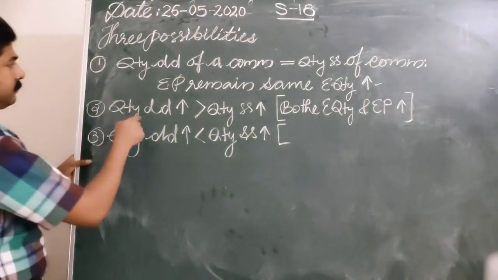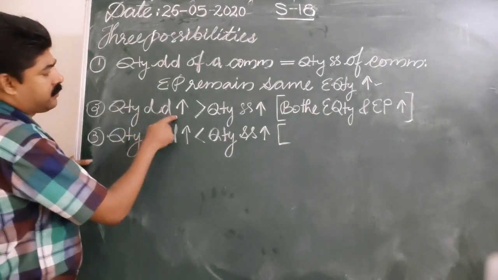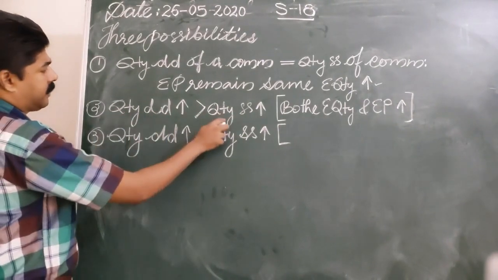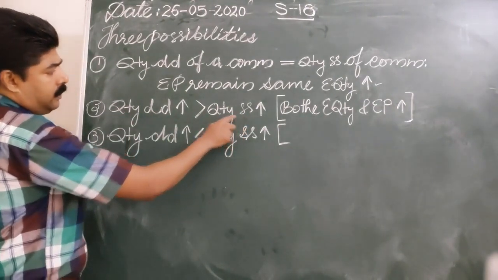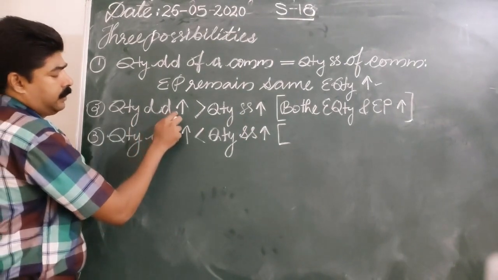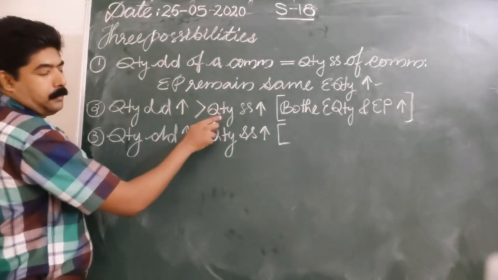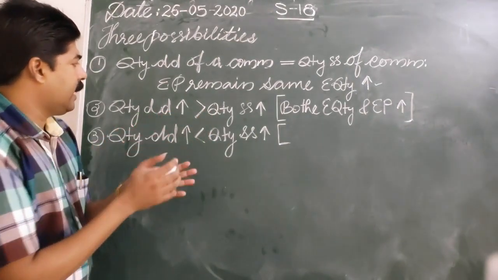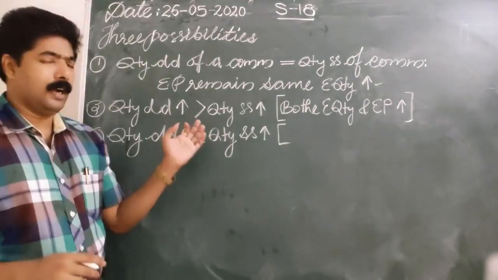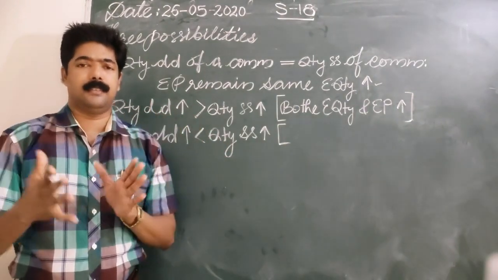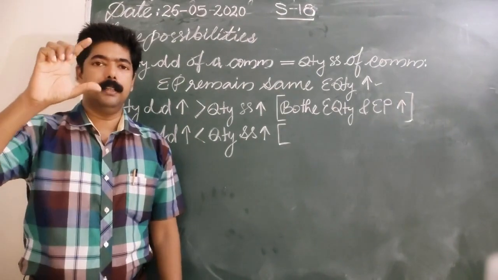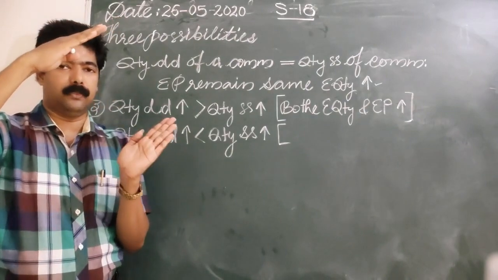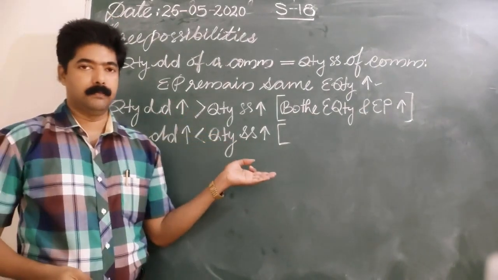The other case is quantity demanded increasing more than quantity supplied. In that case, which is the second possibility we discussed, how can we understand what level of quantity increases? I told you, you should remember the difference between the two parallel curves, the demand curve and the supply curve.